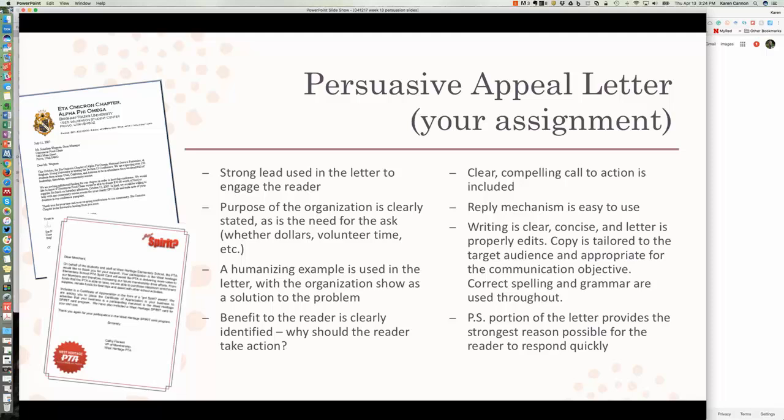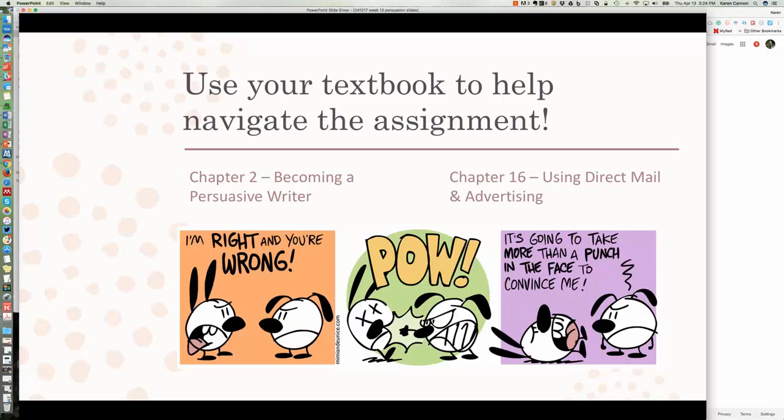So you do need to complete that and make sure that what you write is really tailored for the target audience and the appropriate objective that you've set out. Okay, and then you can see there about the PS on the letter as well. Okay, so let me know if you've got questions about that.